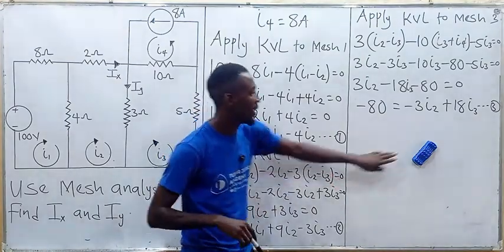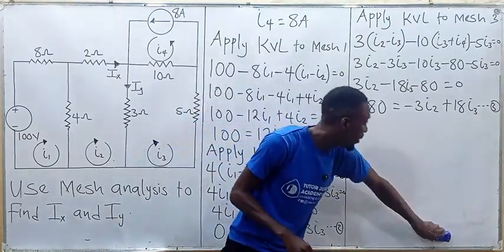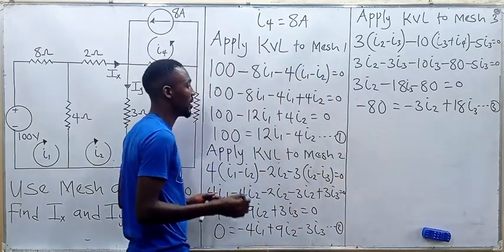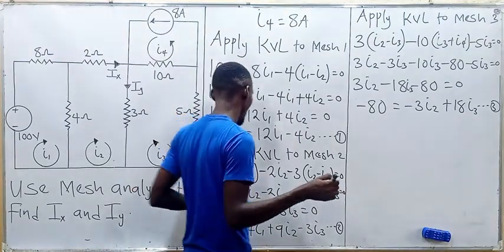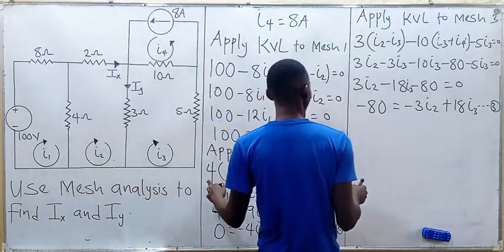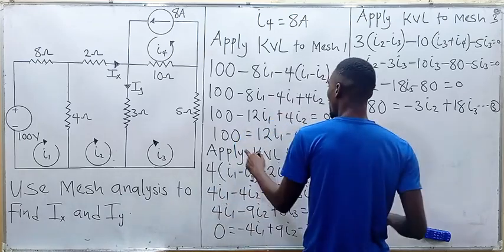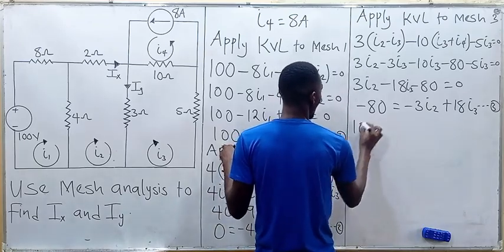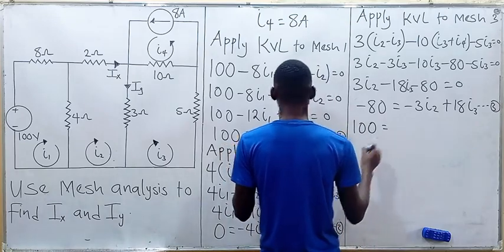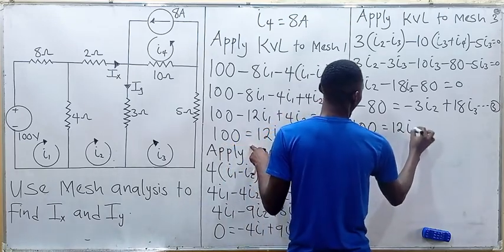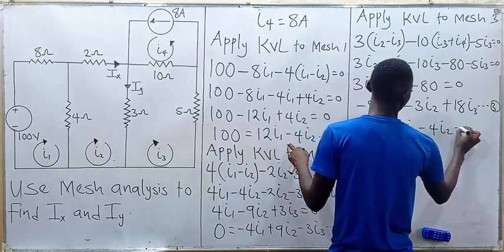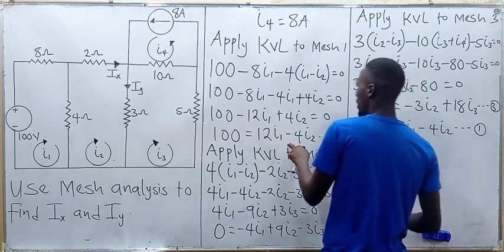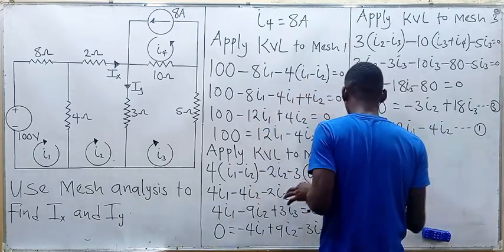All right. So now we can rearrange our equations. Then we are going to use Cramer's rule to resolve this. Equation 1 is 100 equals 12I1 minus 4I2.